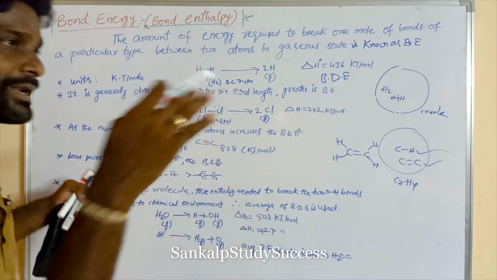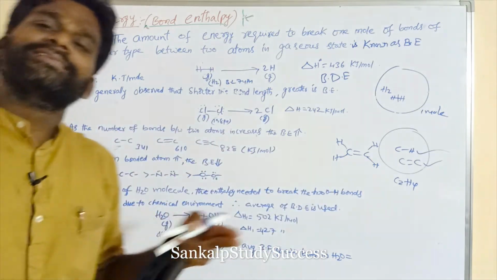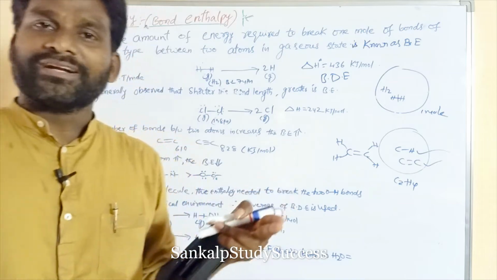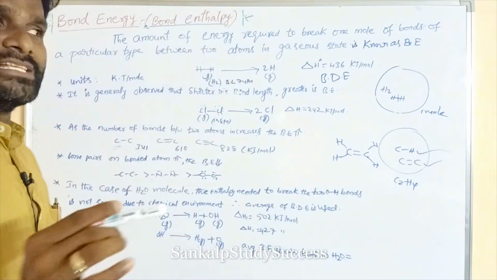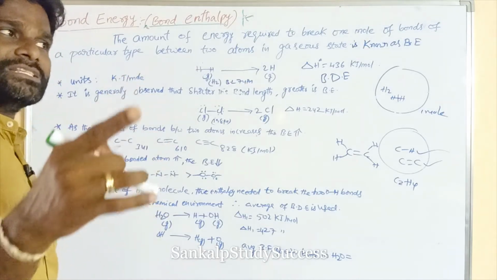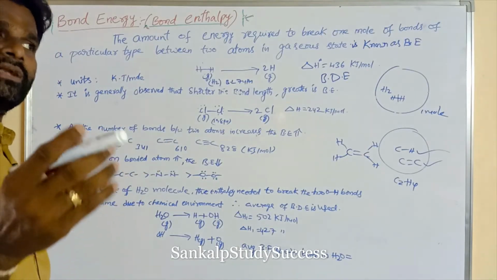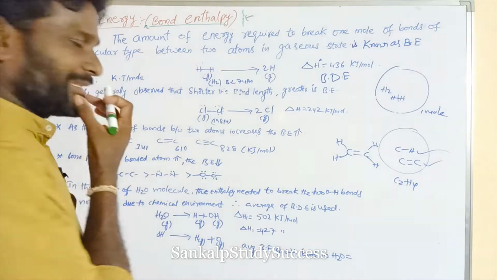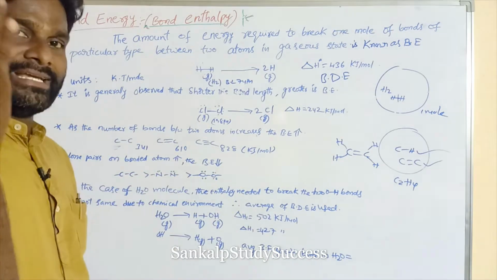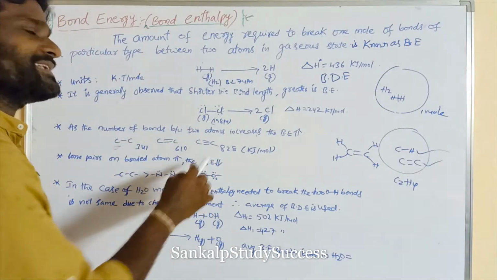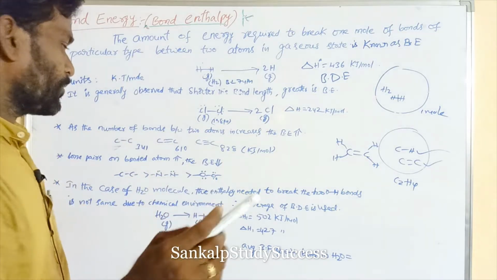We know that if the bond length increases, bond energy decreases. Bond length increases means the bond is weaker. So less energy is required to break that, right? So when lone pairs on bonded atoms increase, bond energy decreases. Why?